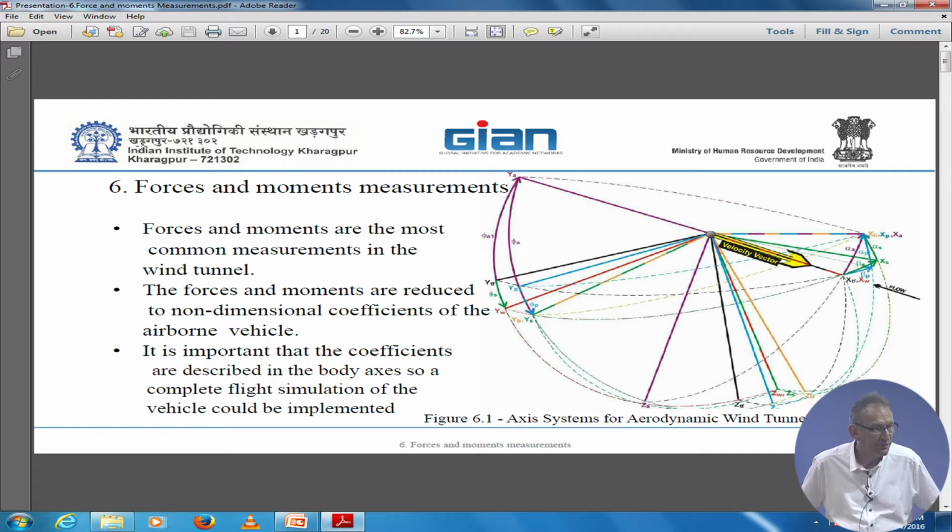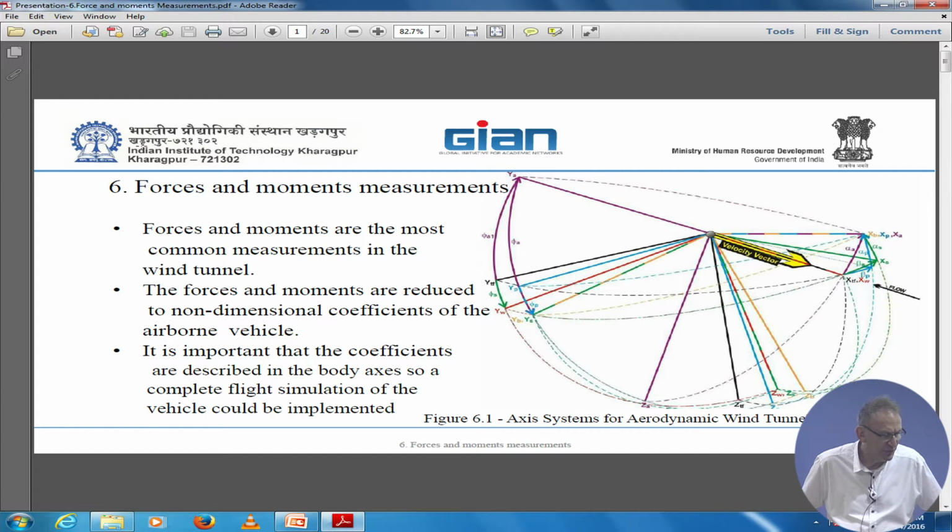Electrical output. Yes. Excuse me, can you throw some light on floating balances versus integral balances? Actually, we didn't have any experience on that.